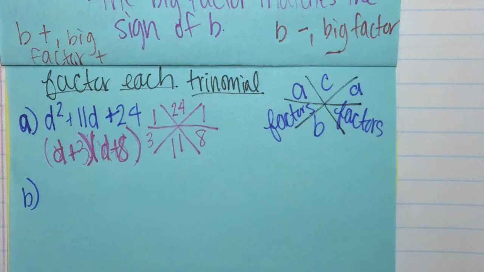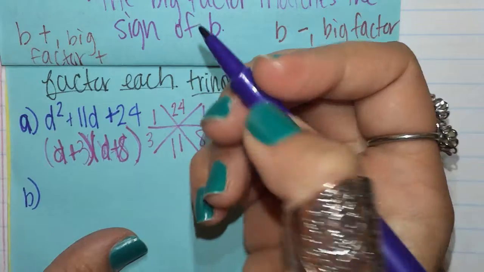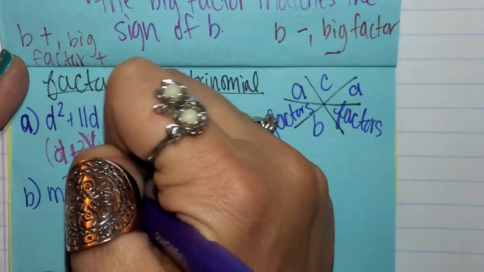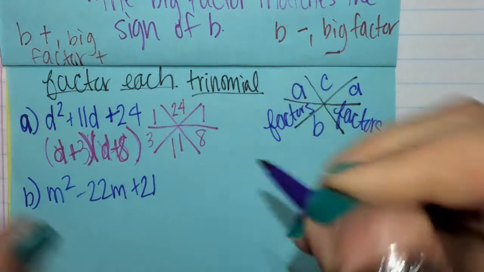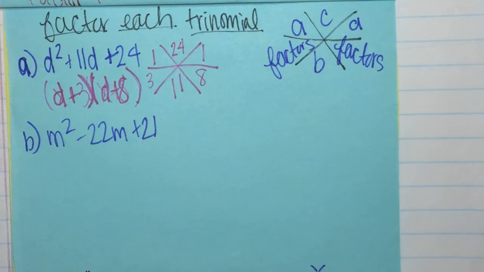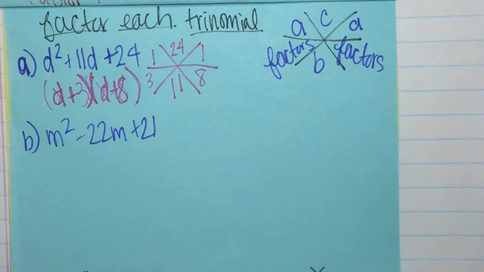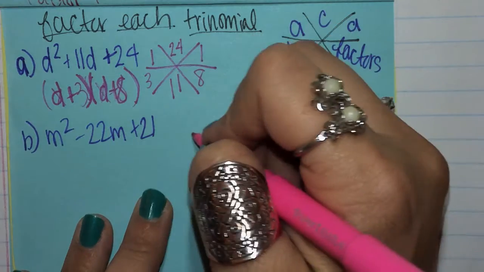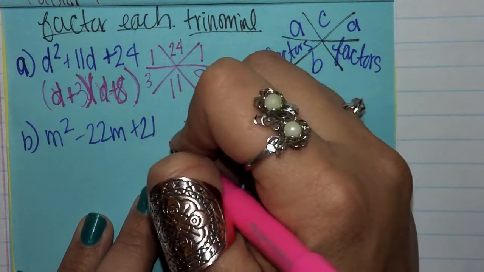All right, are we ready? M squared minus 22M plus 21. Are we ready to draw our star? Yes. Now, both signs are going to be what this time?